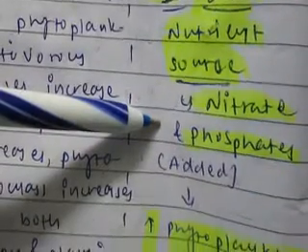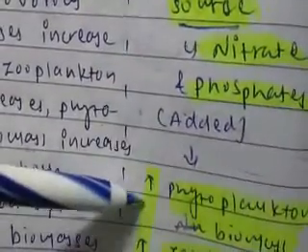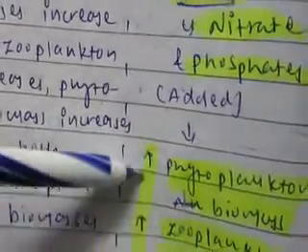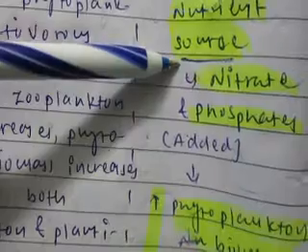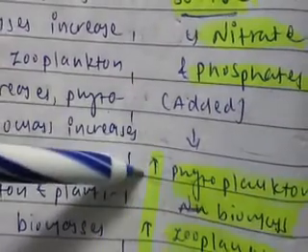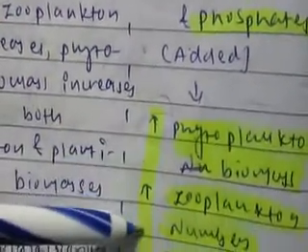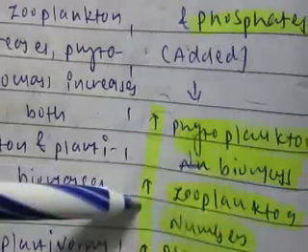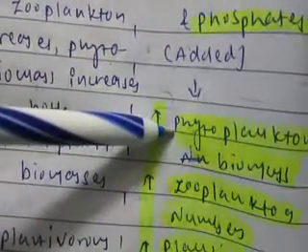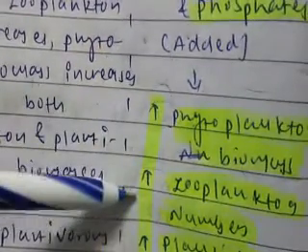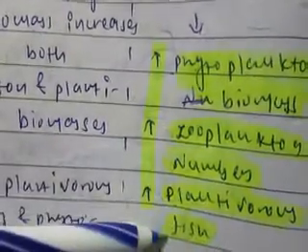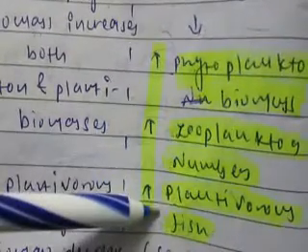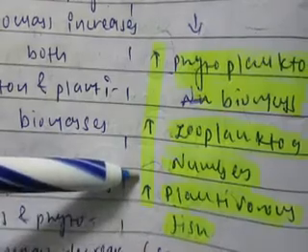So as nitrates and phosphates are present as a nourishing source, obviously phytoplanktons, which depend particularly on this nitrogenous source, grow very well, so there is an increase in their biomass. So at the second level, zooplankton species which depend on phytoplanktons also increase in numbers, and in turn planktivorous fish which depend on zooplanktons also increase in number.